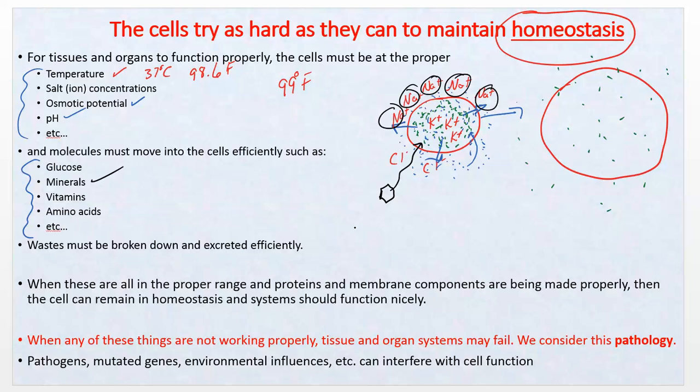Those are all minerals. Vitamins work as cofactors or coenzymes for enzymes that do things. So we have to have a steady supply of these, and we have to have amino acids because we have to make proteins, and proteins are just strings of amino acids. Okay, so we have to have a constant supply of amino acids. Okay, so that's to make a cell function properly.